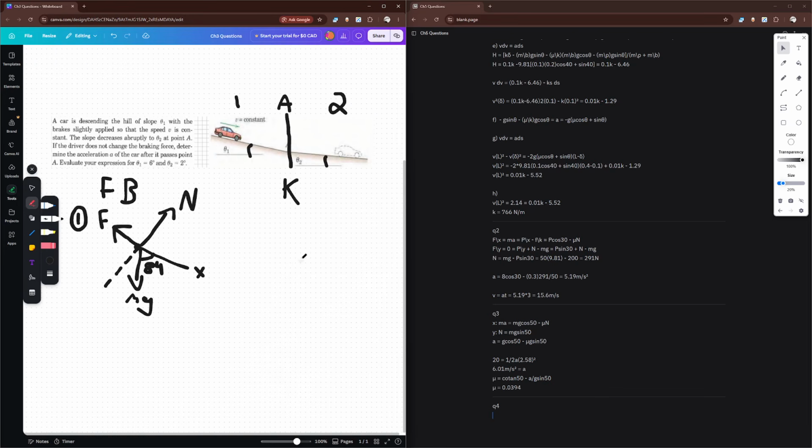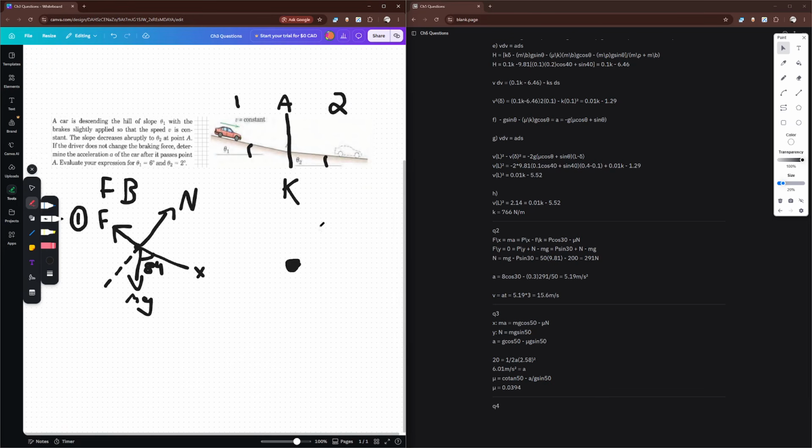And now, which way are we moving? Determine the acceleration of the car after it passes point A. So we have our car, and the kinetic diagram, we have no acceleration, because v is constant. So we have no acceleration. This is what our kinetic diagram looks like.